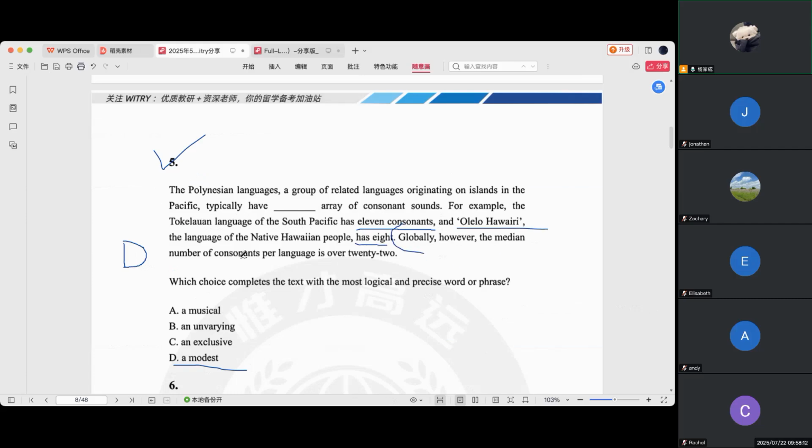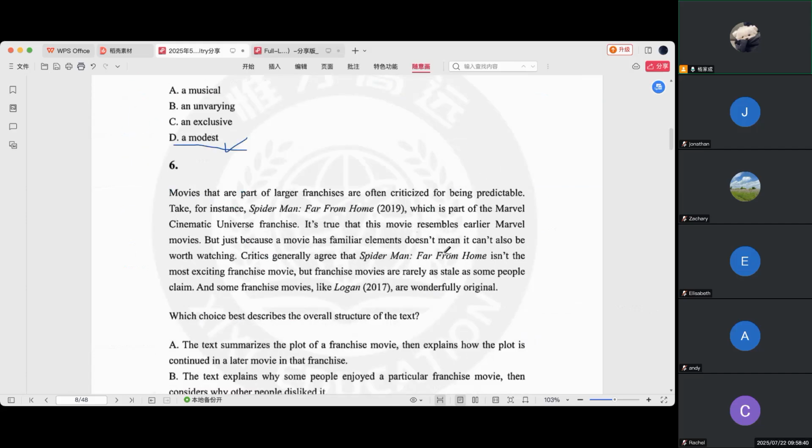But globally, the median number of consonants per language is over 22, which means they don't have a lot of consonant sounds. If they don't have a lot, then it's modest. Because modest basically means the number is relatively not that big. That's what modest means. And musical, unvarying, or exclusive doesn't have that connotation. Okay, that's for vocab questions.